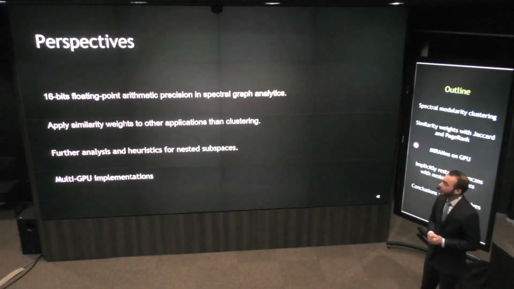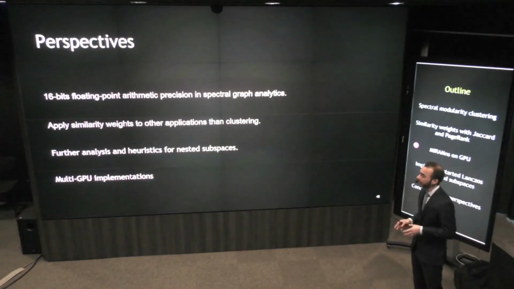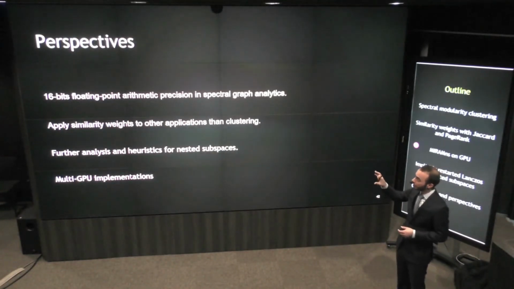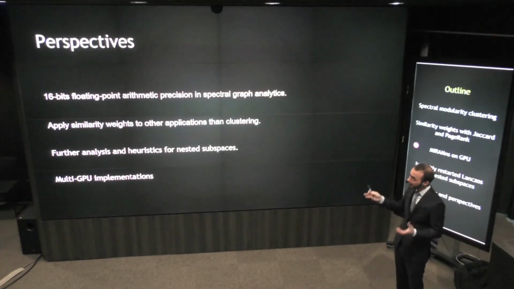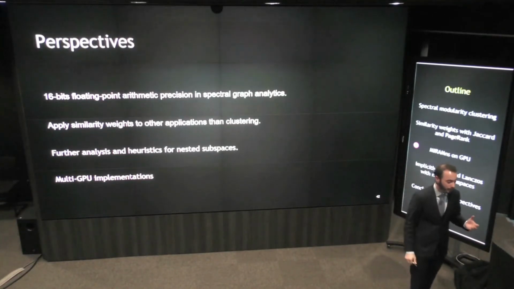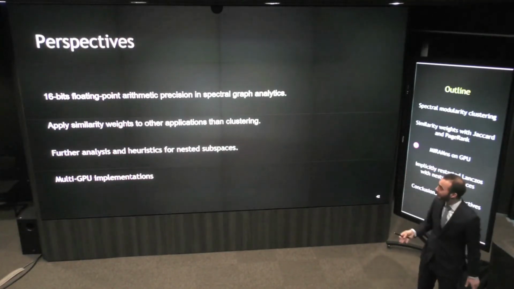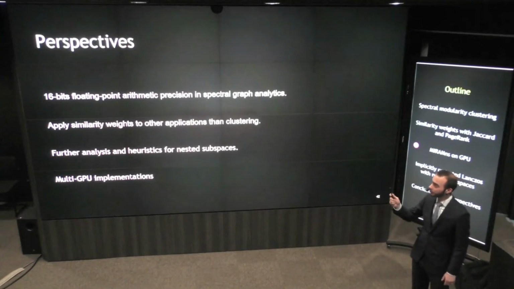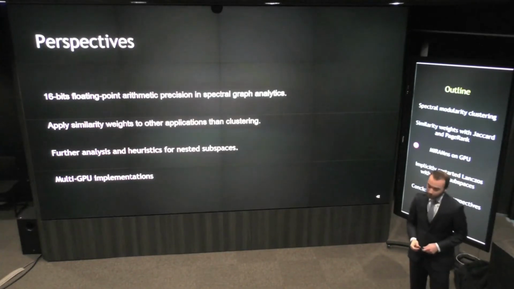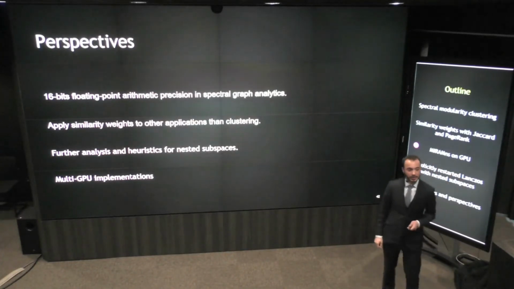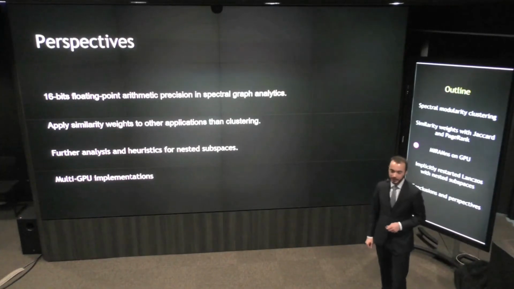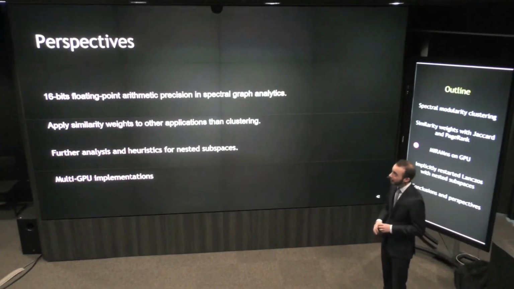As perspectives, there are a couple of them that are very technical, but the big thing that I would do if I had more time is first try 16 bits. There are a few reasons for that. First, we noticed we could reduce the precision by using auto-tuning of the subspace size.